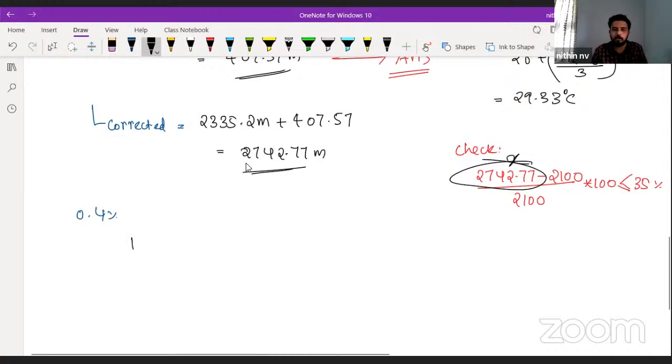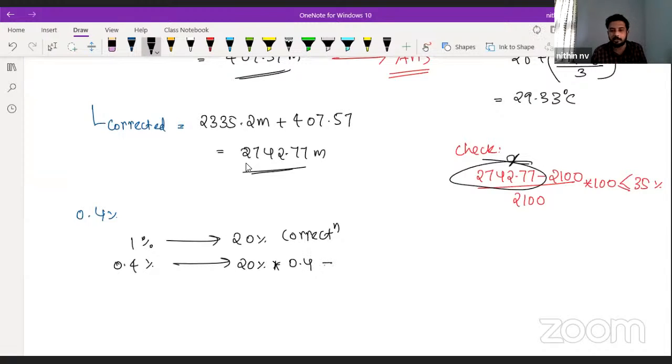We know for 1% gradient, we have to give 20% correction, then for 0.4% gradient, how much will it be? 8%, right? 8% correction will come. So just apply 8% correction now.